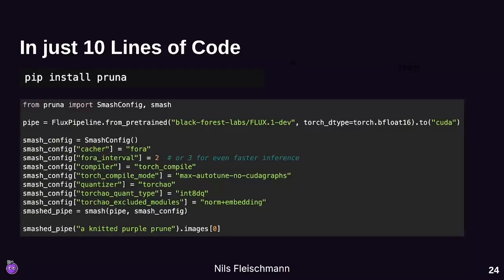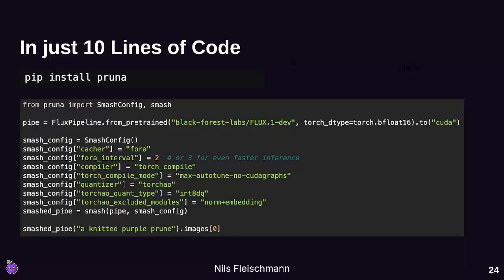And one aspect of it, so far I didn't show you any code, right? I was just talking about the concepts and so on. And I think here you can see the beauty of our open source repository, which is that it makes it super easy to combine and apply these methods. So all I described up until now, the code that produced these results, you see here. It's like 10 lines of code. You just install Pruna, and then it's these 10 lines of code where you just specify what you want.